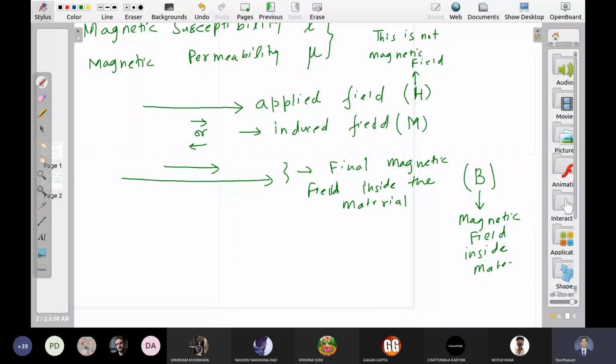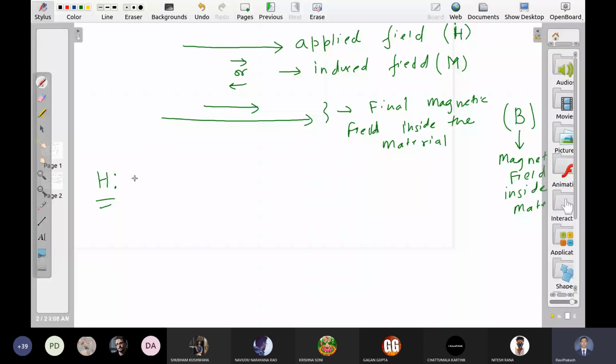So let us discuss these symbols one by one. H represents the field which we are applying. And how do we create a magnetic field? By using some current.